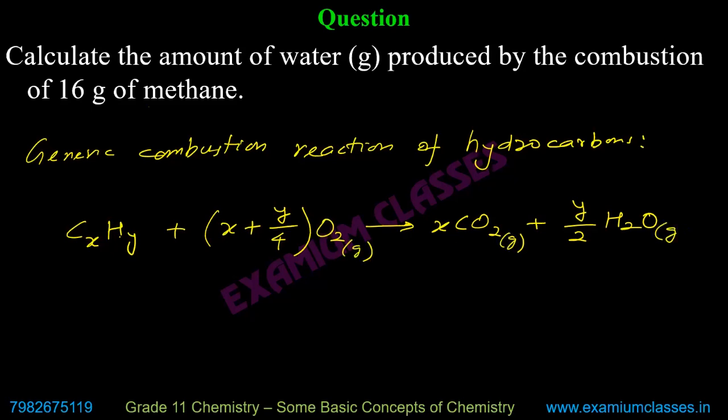These you will get in gaseous form. Don't write gaseous form, write the general form. And try to memorize this. You normally won't get this written in NCERT. You need to remember this generic equation.